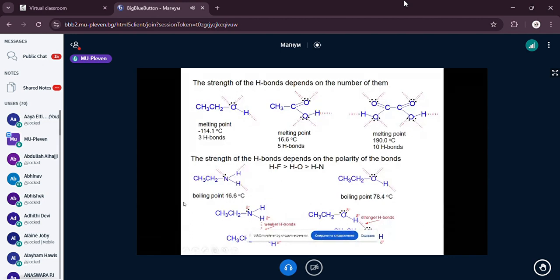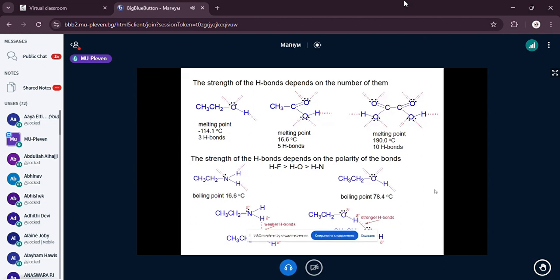But if we look at the boiling points of these two compounds, aminoethane boiling point is about 17 degrees Celsius. The boiling point of ethanol is 80 degrees Celsius, higher. And this is because the strength of hydrogen bonds between these molecules is different.